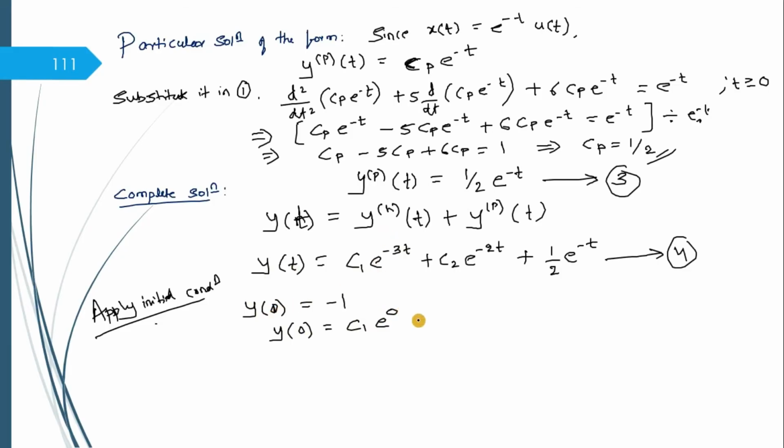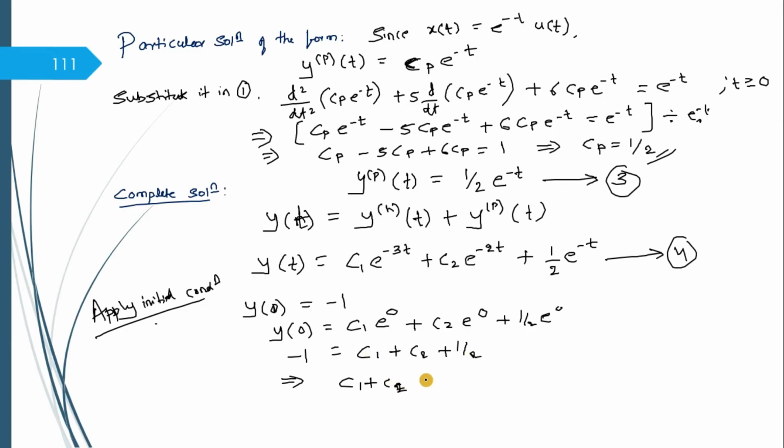So you get c1 plus c2 e raised to 0 plus 1 by 2 e raised to 0, that is c1 plus c2 plus 1 by 2. In place of y of 0, I'm writing minus 1. If you simplify it, I take 1 by 2 to the other side.